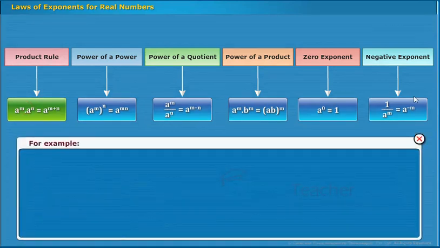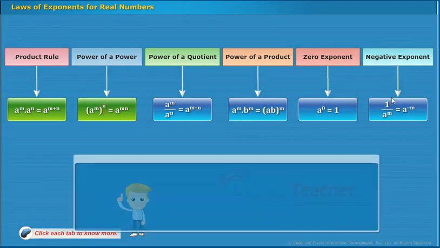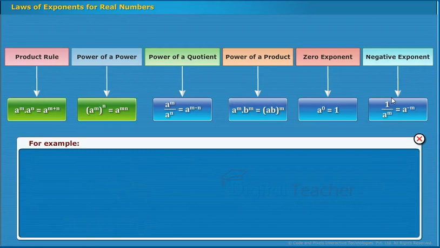For example, let us consider 5^6 × 5^(−6). Using laws of exponents, we can write it as 5^(6 + (−6)), which is equal to 5^0, in turn equal to 1. For example, let us consider (6^3)^(−1), which is equal to 6^(−3).